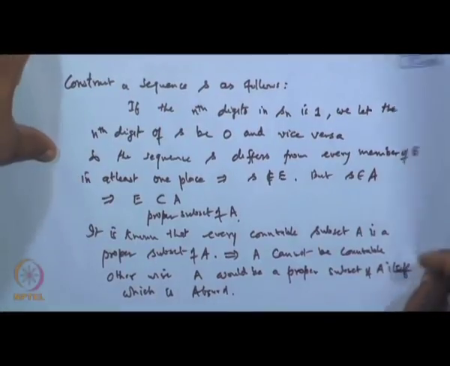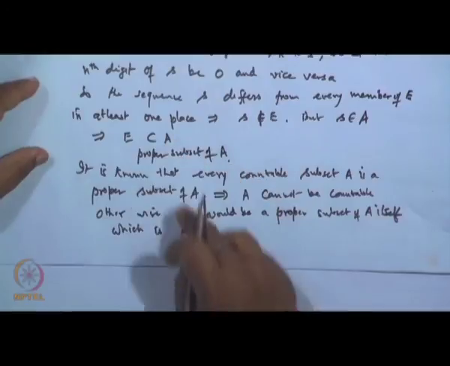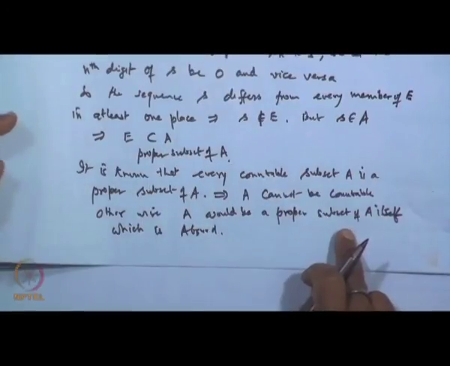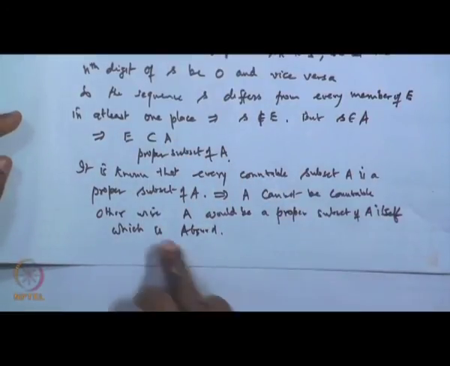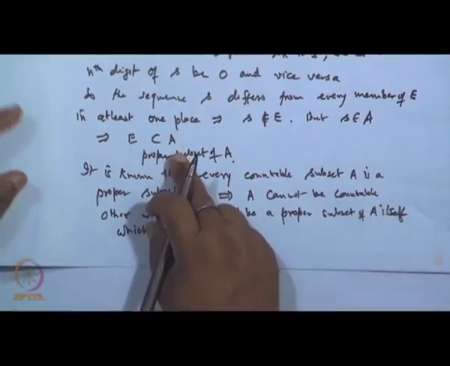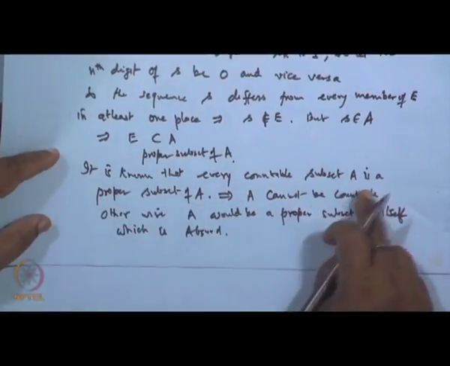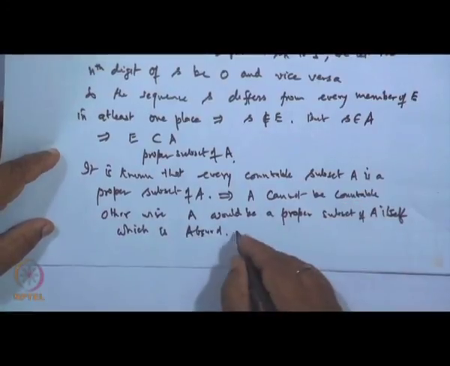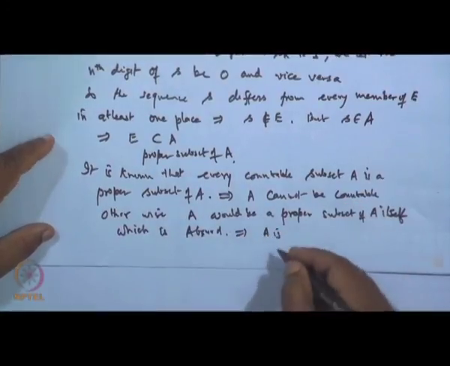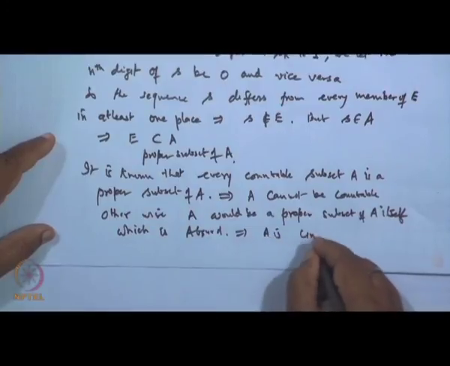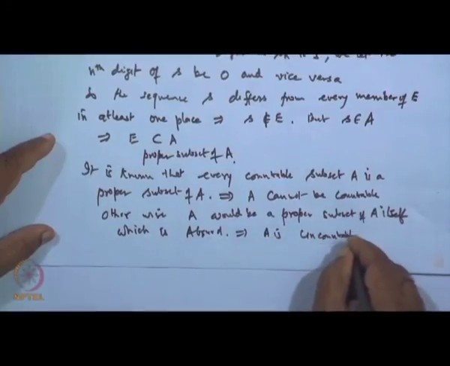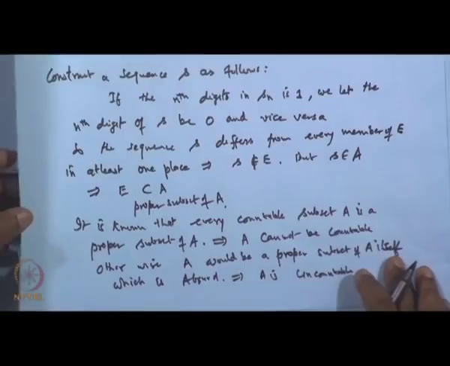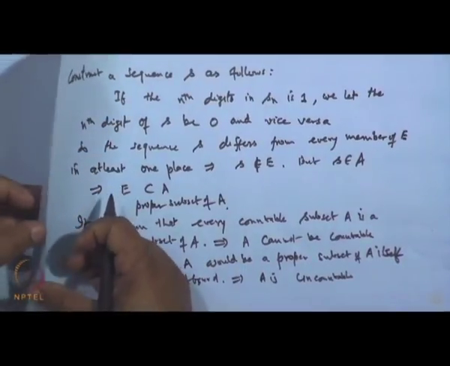If we assume A to be countable, then it must have a proper subset, but here we are getting that this cannot be. So this shows that A is uncountable. Okay.